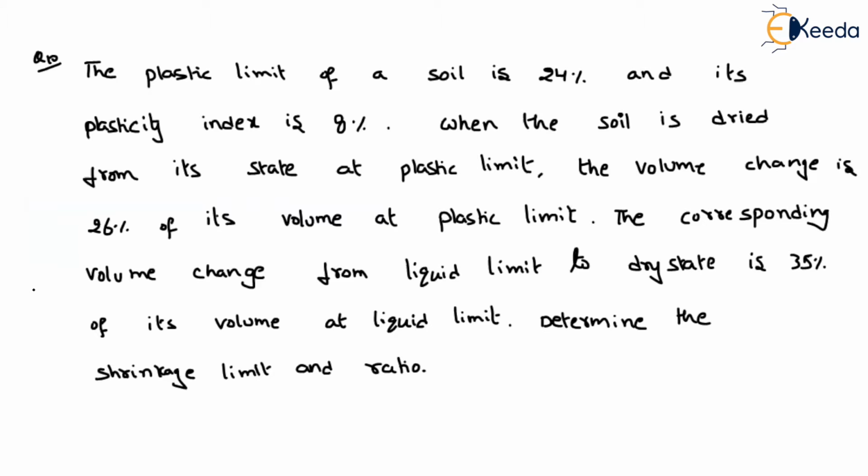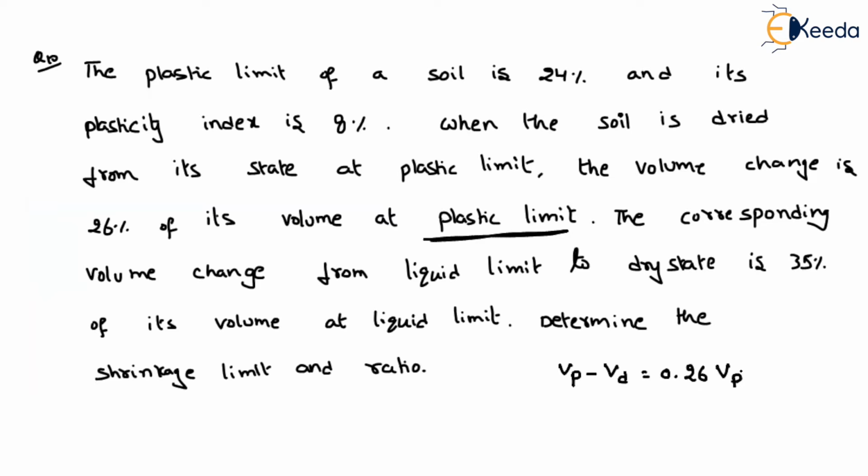Now see here, the volume changes when the soil is dried from the plastic limit to the dry state, 26% of its plastic limit volume. So what should I write here? From the plastic limit, Vp, minus the dry state, Vd, will be equal to 0.26 times Vp.